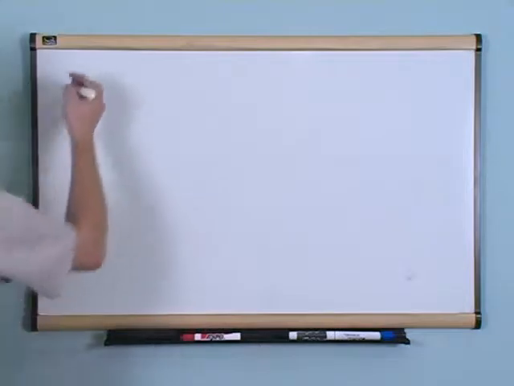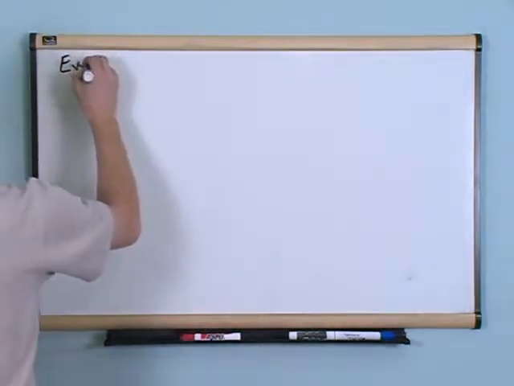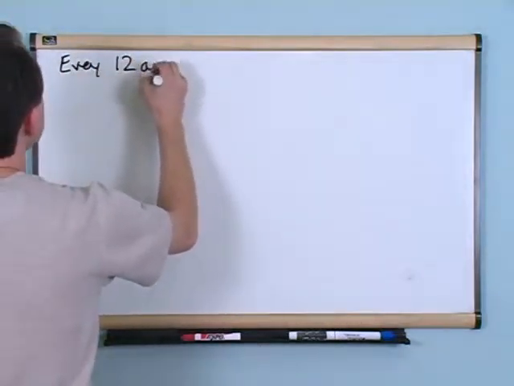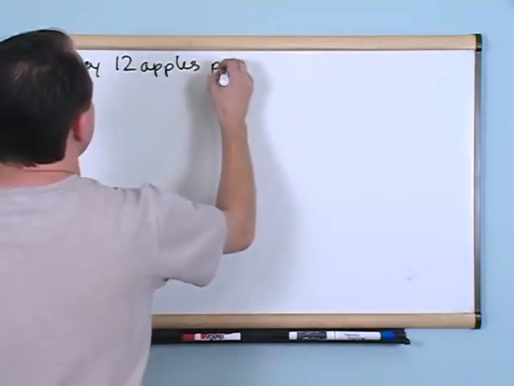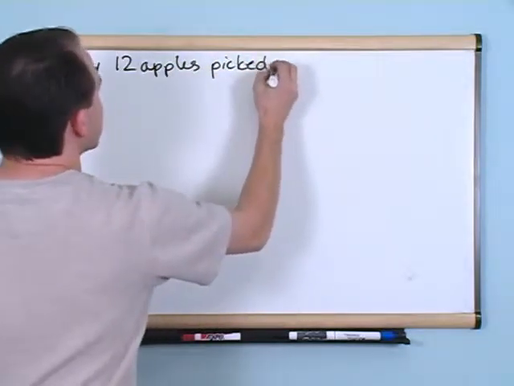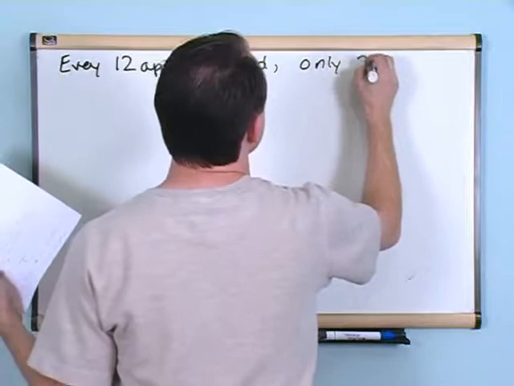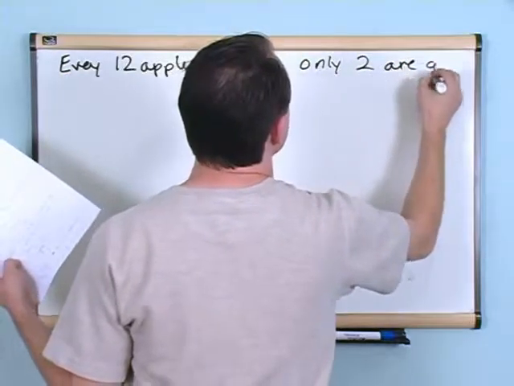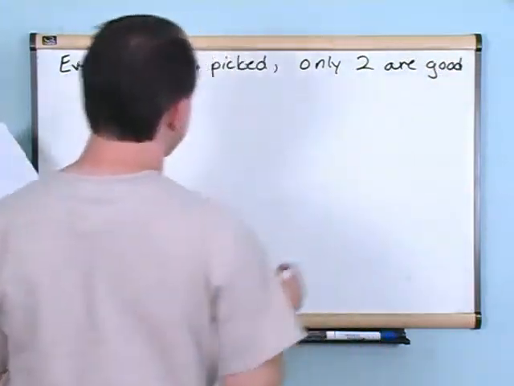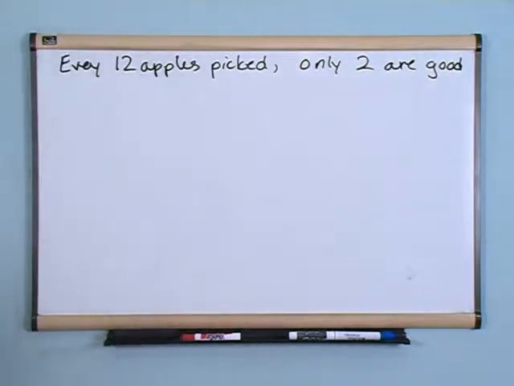Okay? So you have a bucket of apples, okay? For every 12 apples picked, only 2 are good. So that's not very good. That's a pretty ugly bucket of apples. 12 apples you pick out, only 2 of them are good. The rest of them are rotten, okay?